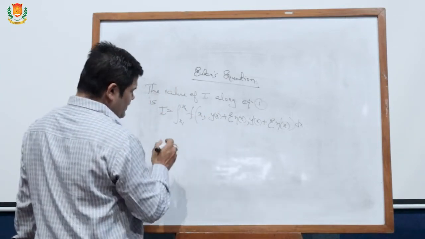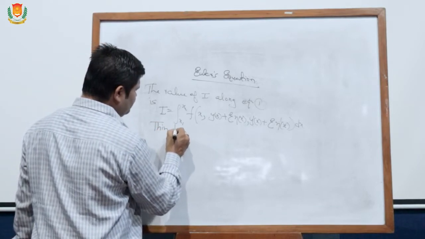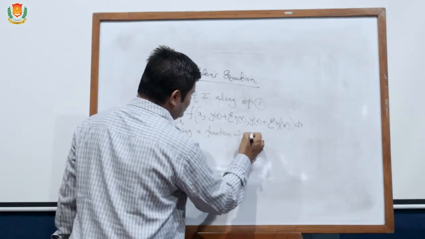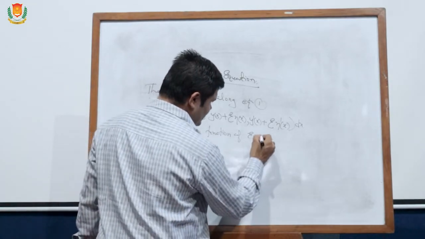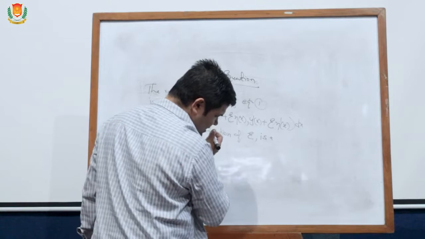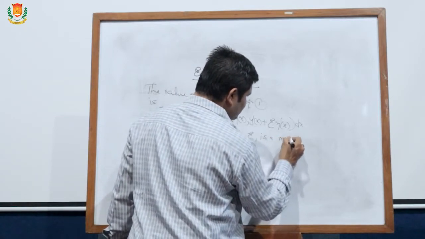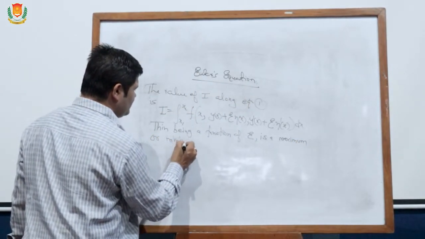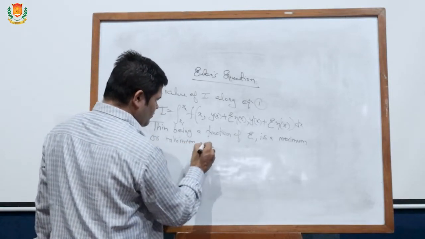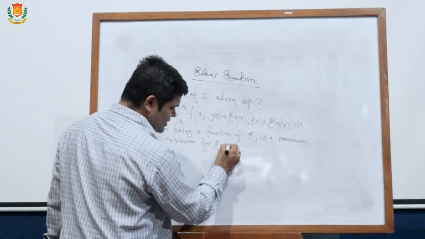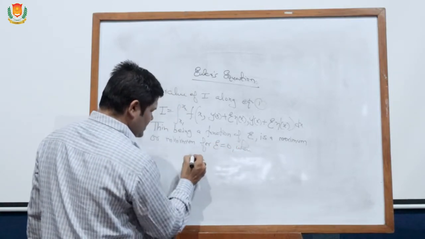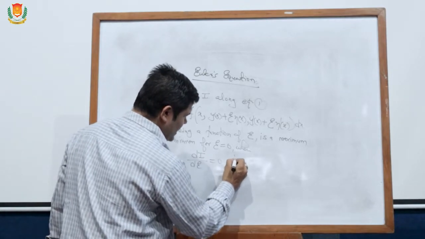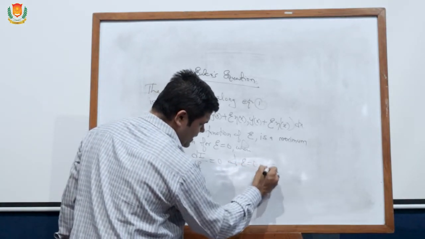This I being a function of epsilon is a maximum or minimum for epsilon equals 0 when dI upon d epsilon equals 0 at epsilon equals 0, and we mark it as equation number 3.